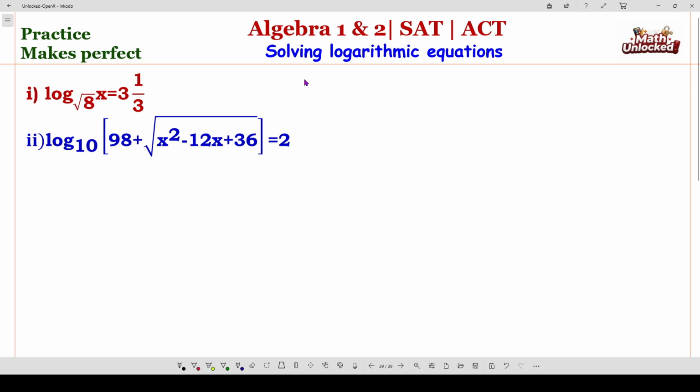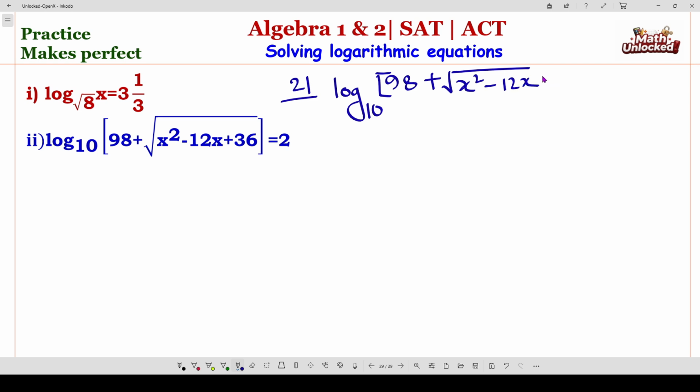Question 2, which is more important. Log base 10 of 98 plus root x square minus 12x plus 36 equals 2.